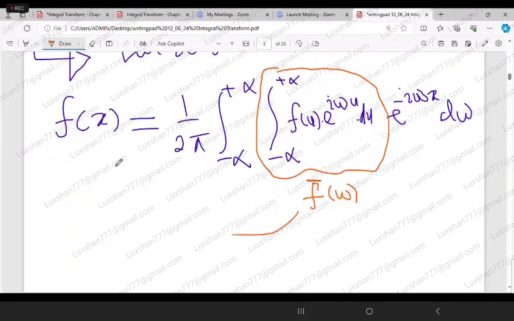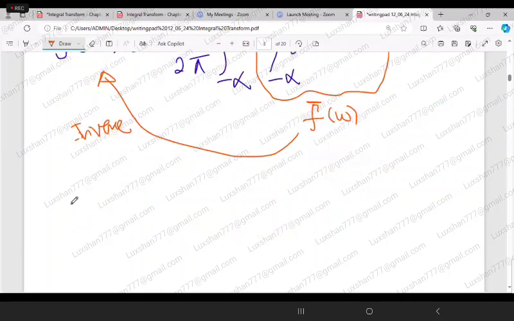Okay, and then if this is f bar omega, actually this is the inverse of that one, isn't it? So finding the inverse is very simple. How to find the inverse?